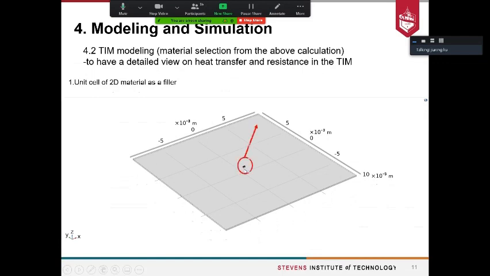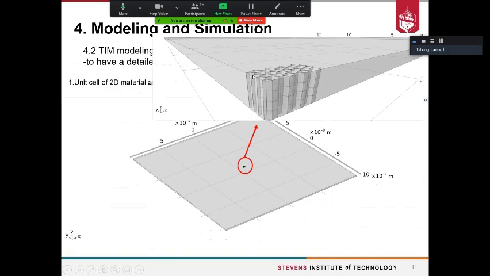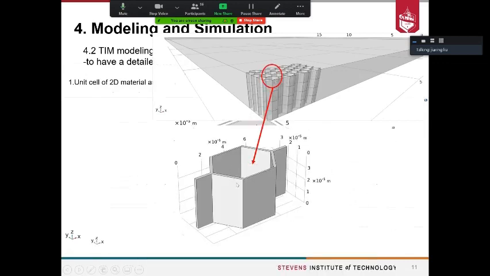And in this tiny point, there is an example of the 2D materials filler, which is like a honeycomb. You can imagine that around it is a block, which is the polymer-based TIM. And in such a unit cell, the honeycomb plays the role of a filler.